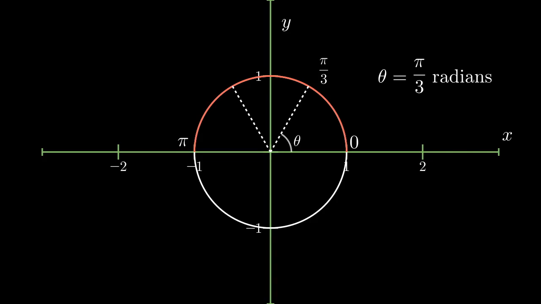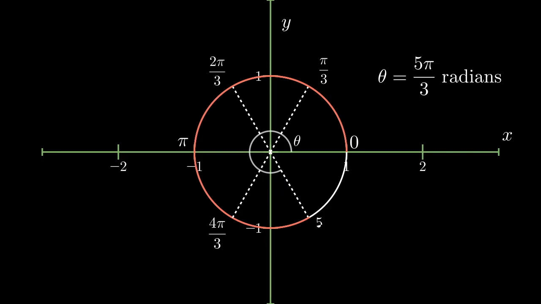Similarly, this second angle must be 2 over 3 pi, or 2 pi over 3 radians, and this last angle we know is 3 over 3 pi radians, which means that moving one more third gets us to 4 over 3 pi radians. Moving another third past that gets us to 5 pi over 3 radians, and moving this final third gets us to 6 pi over 3 radians, which simplifies down to 2 pi radians.